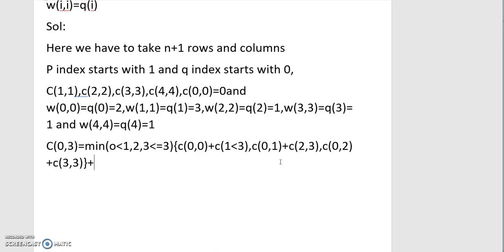After finding this you will find the weight of I comma J, that is 0 comma 3.